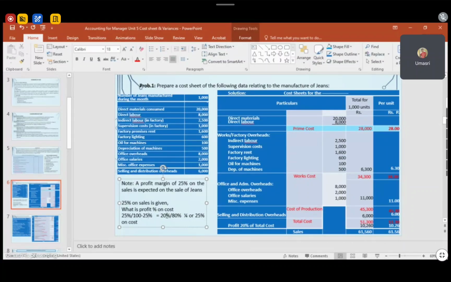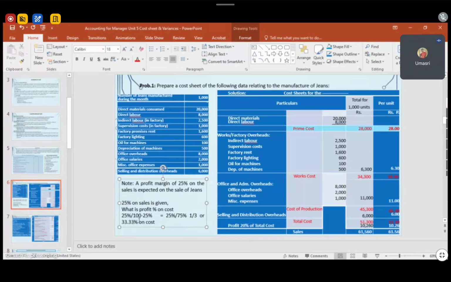That means 100 minus 25 is 75, so that means 1/3 or 33.33%, on cost. So 25% on sales means on cost it will be 33.33%.